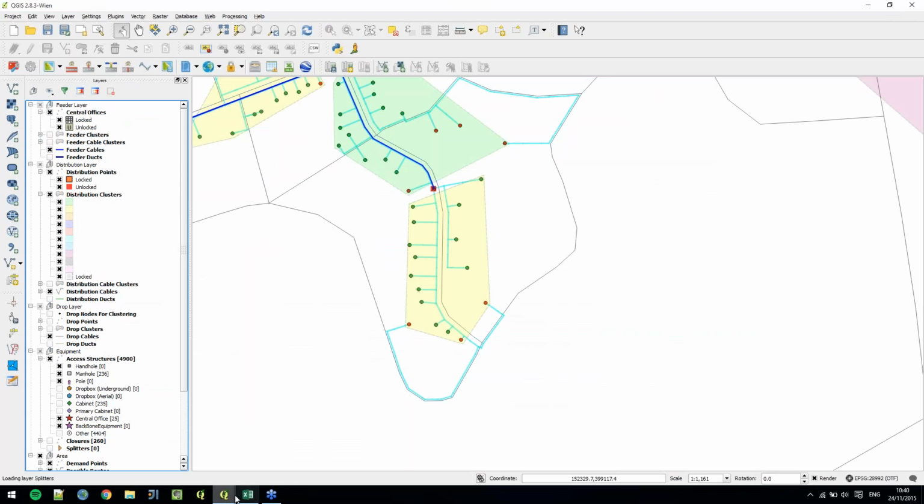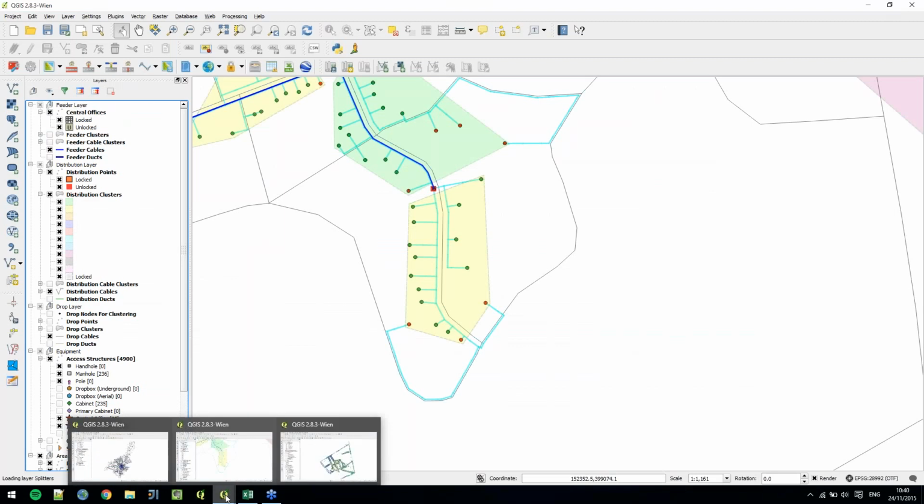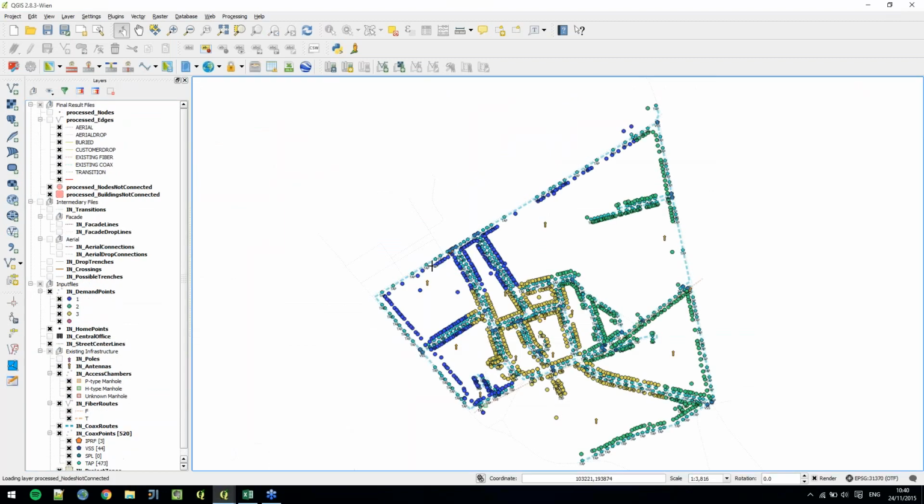So this is a bit about the FTTx scenario for copper infrastructure. I also have prepared a demonstration for looking at an HFC scenario, where we read in the existing coax infrastructure. The same principles apply for FiberPlanIT when looking at a copper or a coax scenario.